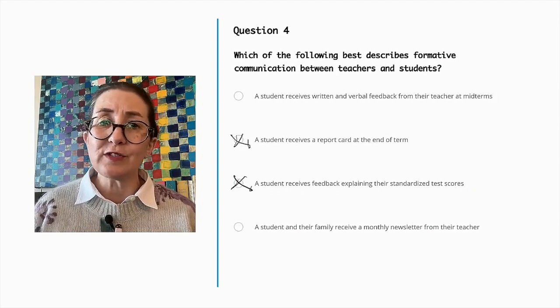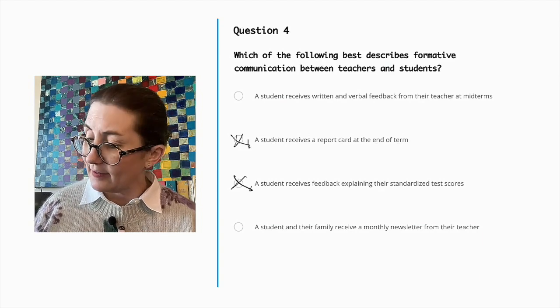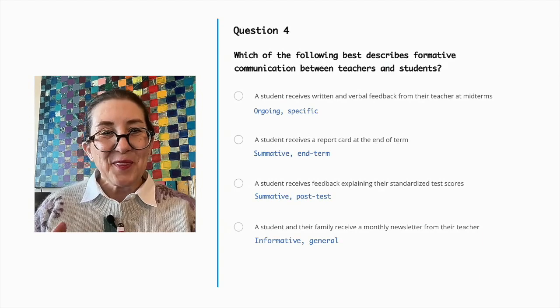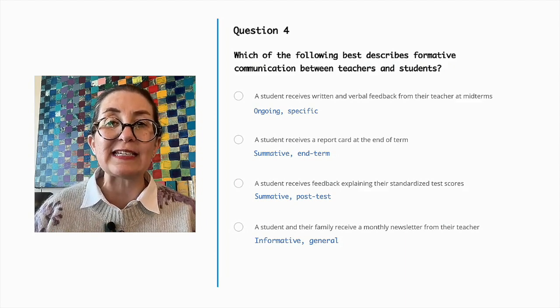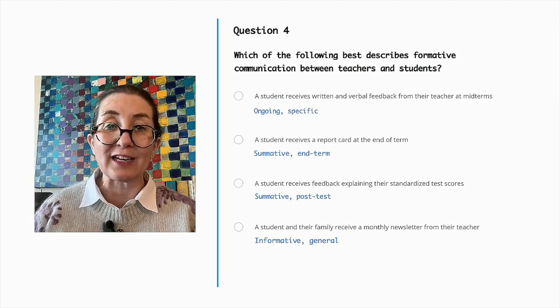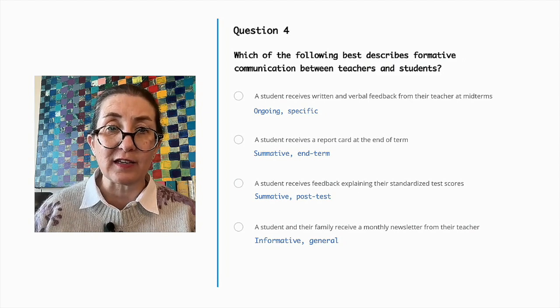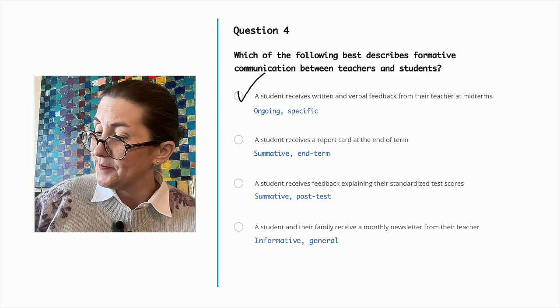A monthly newsletter provides general updates and not specific learning feedback. The best example of formative communication is receiving written and verbal feedback at midterms, which is ongoing and offers specific guidance for improvement during the learning process.